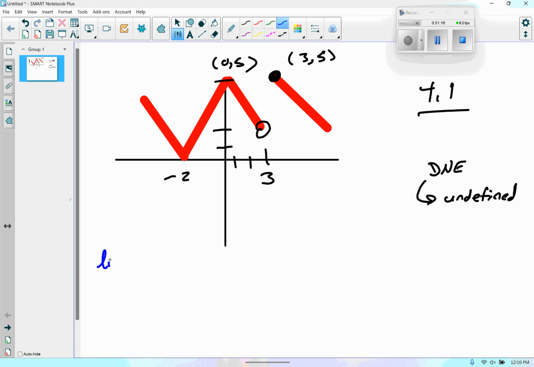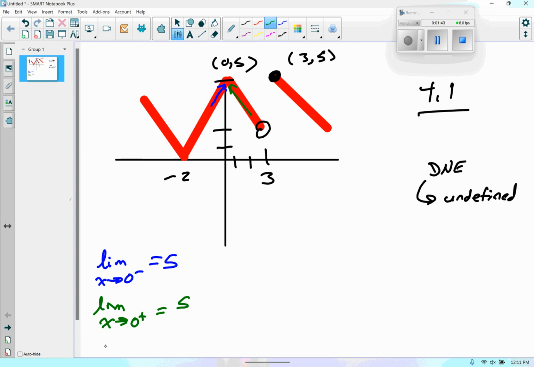We talked about yesterday, so this one is limit as x approaches 0 from the negative side. As x approaches 0, it's coming from this side. So the limit for this one's going to be 5. And then if I do the limit as x approaches 0 from the positive side, that's coming this way, and it happens to go to the exact same point.